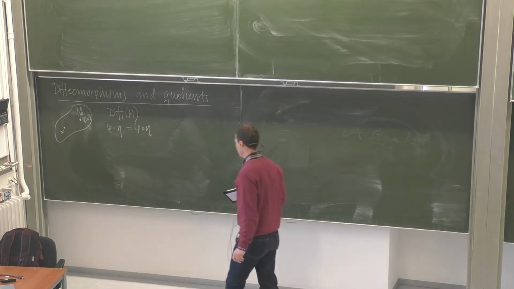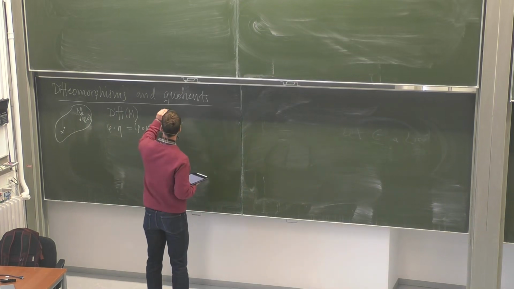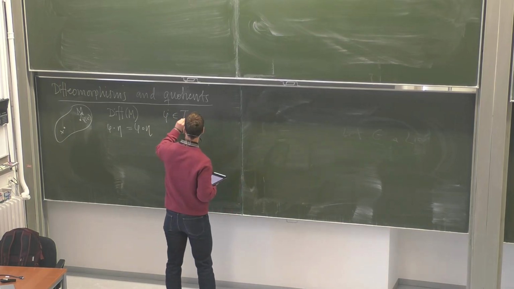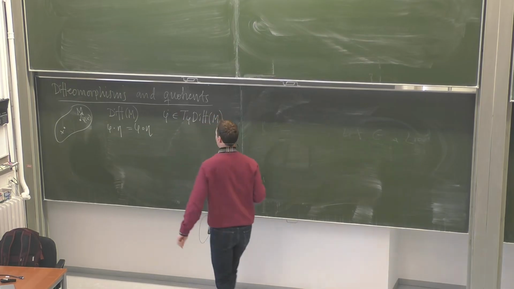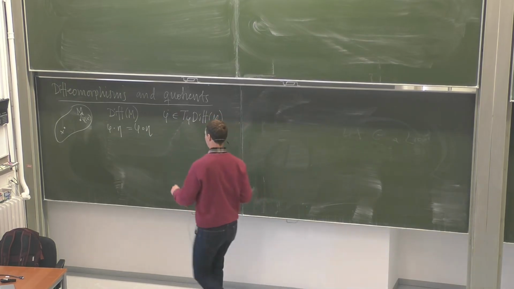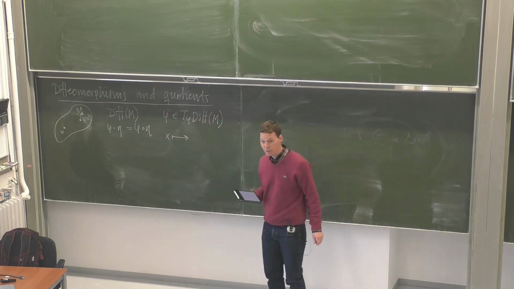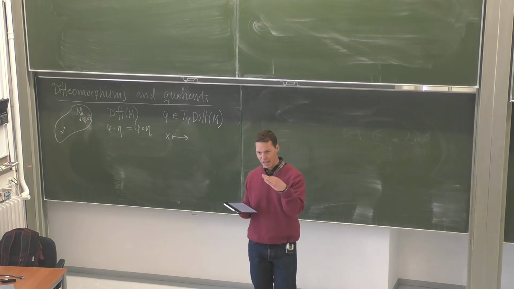So that means that if phi dot is an element in the tangent space, we can think of this as a mapping that takes points x in the manifold and gives me vectors, but not vectors sitting above x.